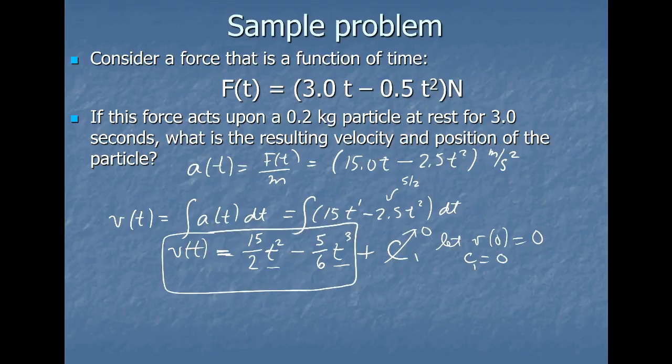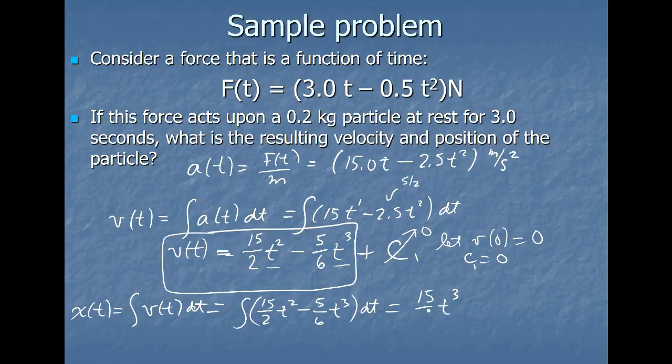Now, x of t, the position, is going to be the integral of v of t dt. And so that's going to be the integral of 15 halves t squared minus 5/6 t cubed dt, which is going to turn into t cubed with 15 over 6, minus t to the fourth with 5 over 24.